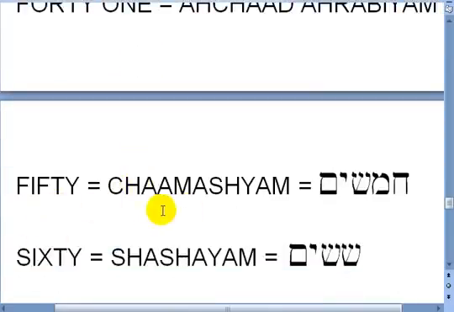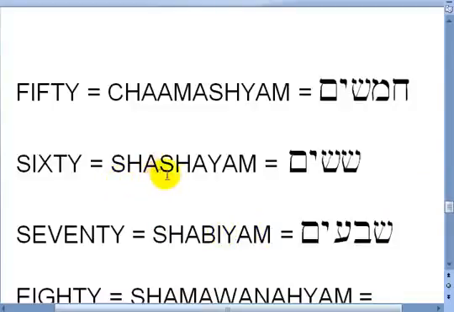Then you get to 50. 50 is Chamash Yum, and then you would just put the 1 in the beginning to make it 51. Akkad Chamash Yum, Shanya Chamash Yum, Shalash Chamash Yum. So that's 51, 52, and 53. 60 is the same thing, Shashayim. So Shashayim is 60, Akkad Shashayim would be 61.